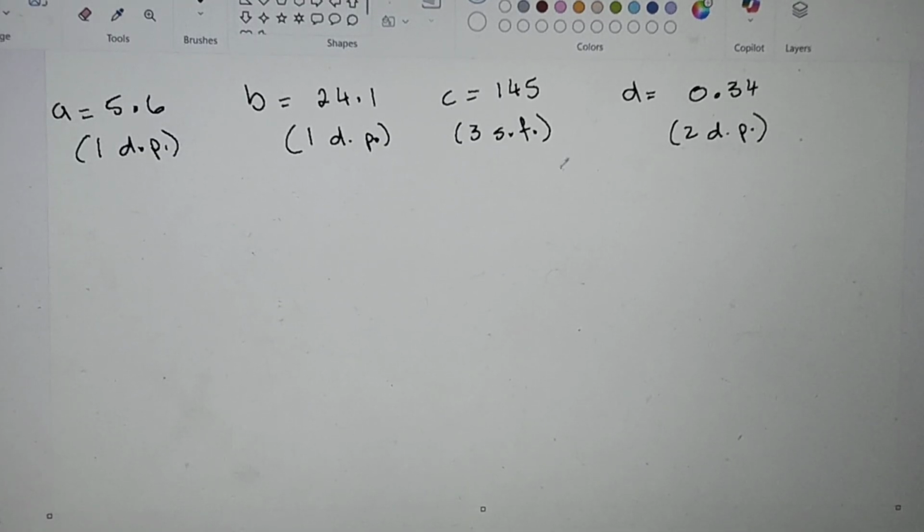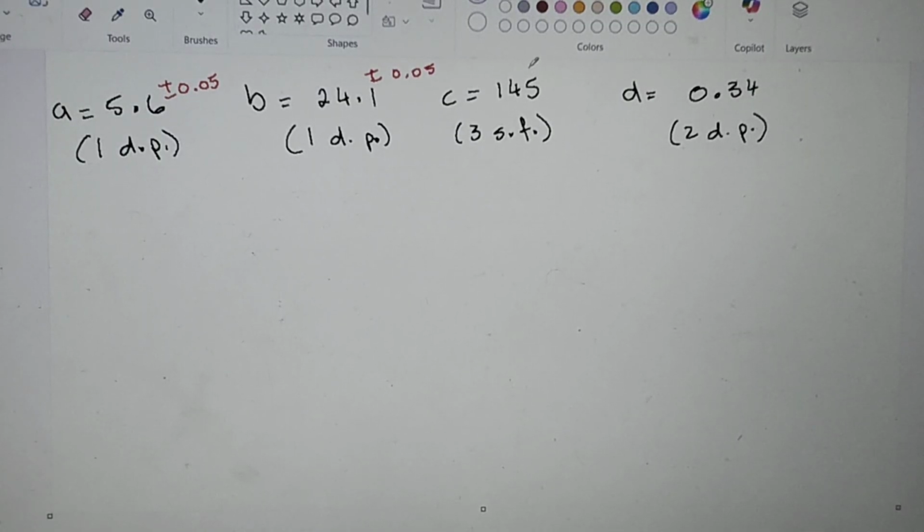Now, I'm going to take each one of these one at a time, and I'm going to work out the lower and upper bound. Obviously here for the lower bound and upper bound, I'm either going to add or subtract 0.05. Remember I said for the upper bound, we just slap a 5 at the end. So to do that, I had to add 0.05. The same with B. I'm also going to add and subtract 0.05 there.